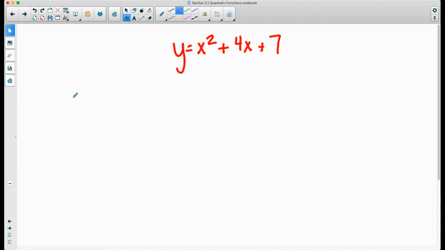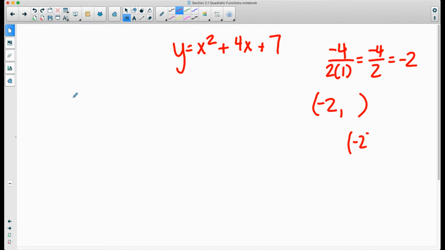One way is I can find the actual vertex, like we did at the beginning. So then we would have negative 2 squared plus 4 times negative 2 plus 7. So 4 minus 8 plus 7, which gives me negative 4 plus 7. So 3.